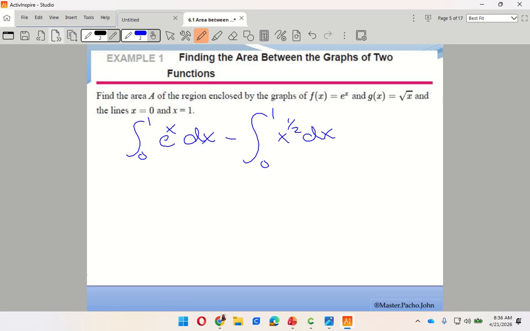All right, so what is the integration of e to the x from 0 to 1 minus x to the 1/2, which is going to give me x raised to the 3/2 times 2/3, from 0 to 1.